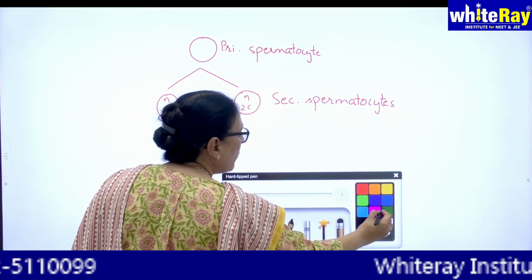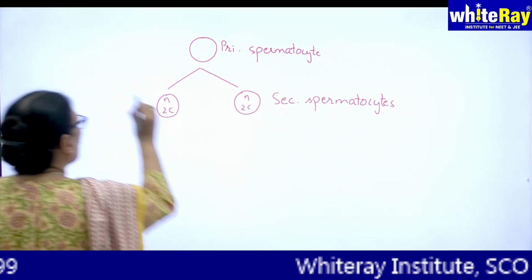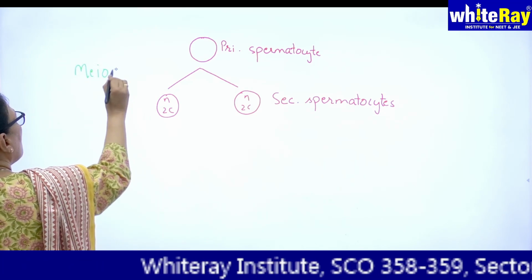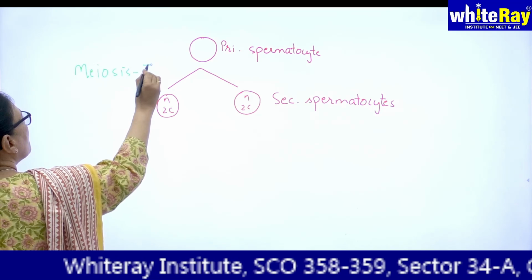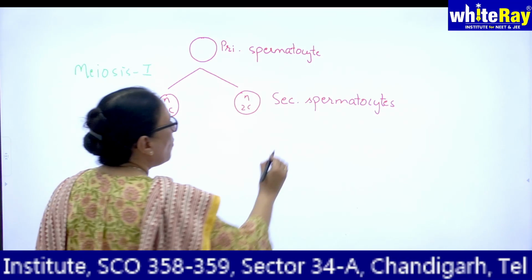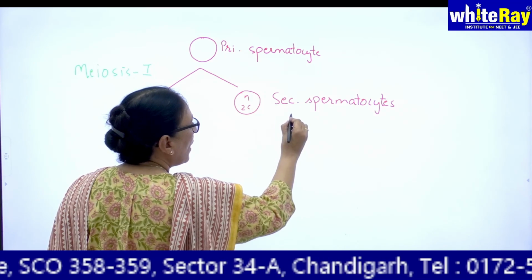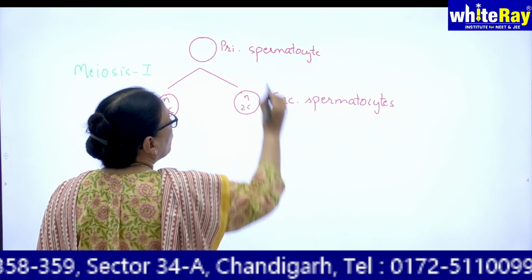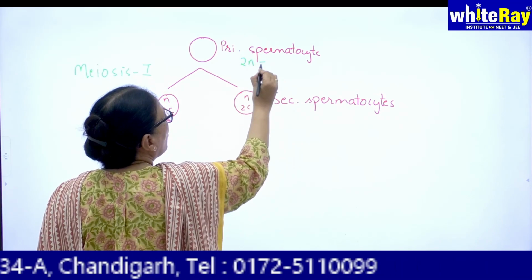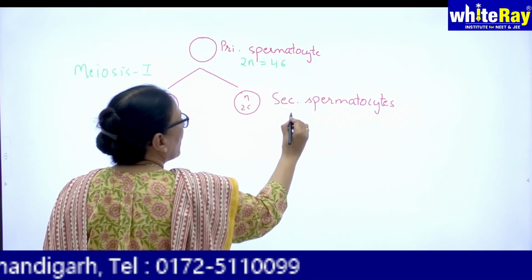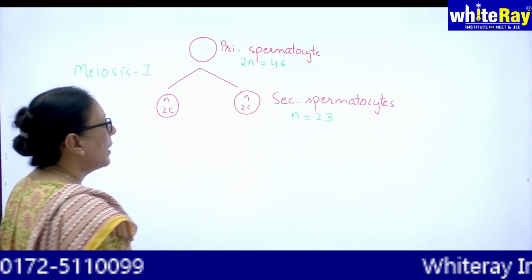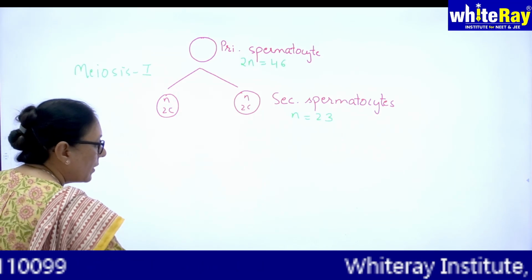We are done with meiosis 1, a reductional division in which haploidy of the genome occurs. The secondary spermatocyte was 2n, which is 46, and now it is n equal to 23.